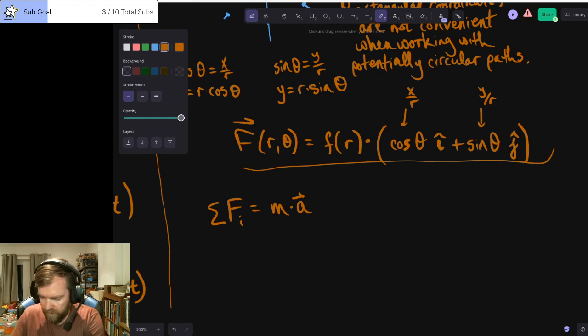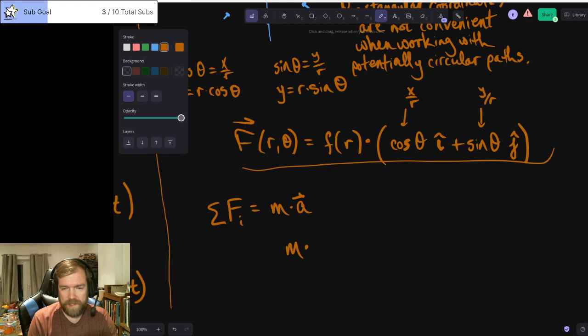What we were able to pick up from last time was that for this system here, our mass is going to be multiplied by our acceleration, which is also mass times position's second derivative.